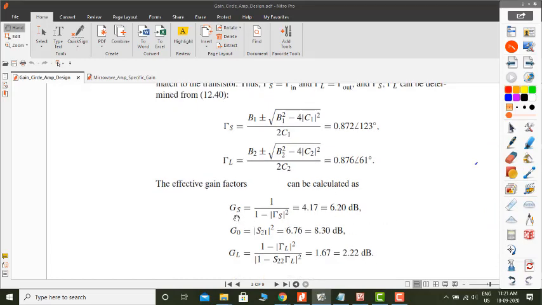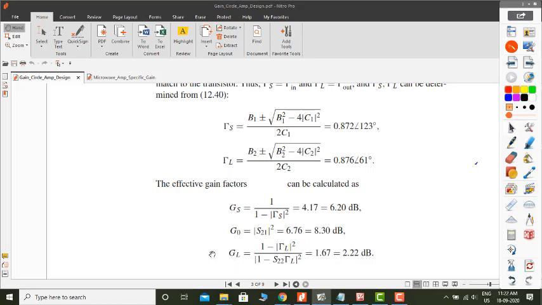GS is the transducer gain obtained from the complex conjugately matched input section, that is at the source side. When the source side is completely conjugately matched, we get a gain GS of 6.2 dB. And G0 is the absolute gain obtained from the device itself. That value is the modulus of S21 squared. When we transform into decibels, 10 log of 6.76 gives us 8.3 dB.